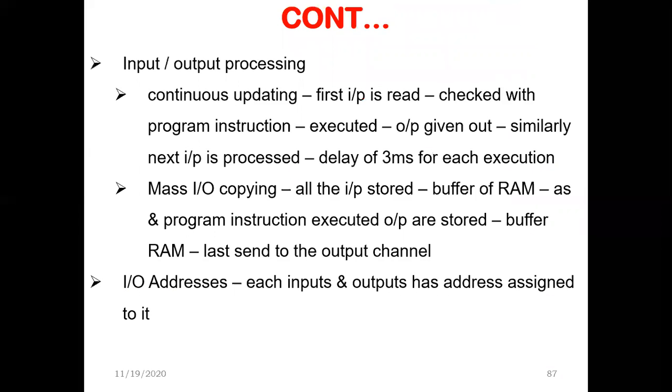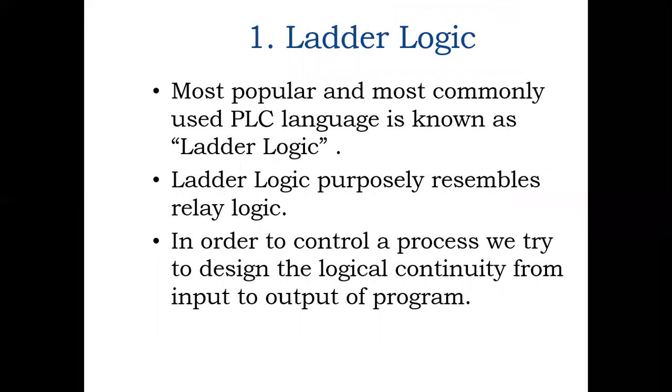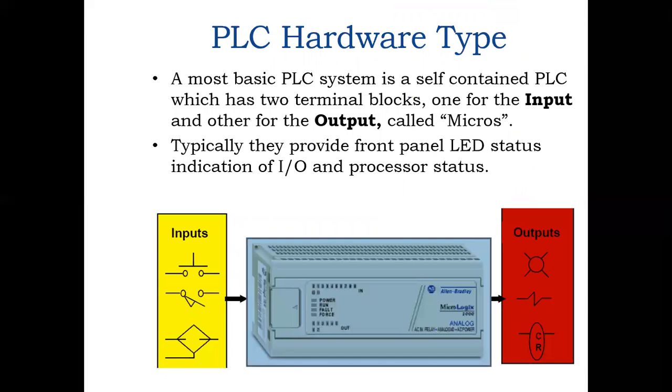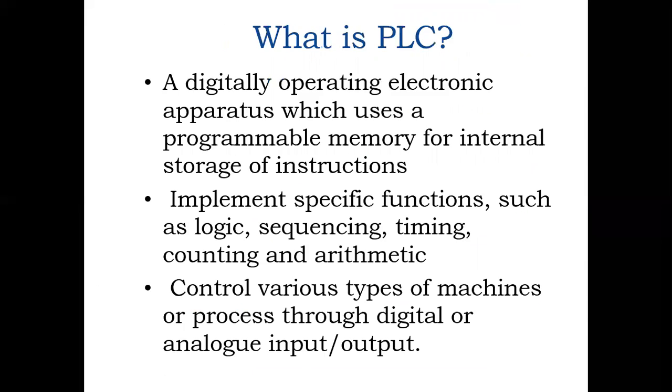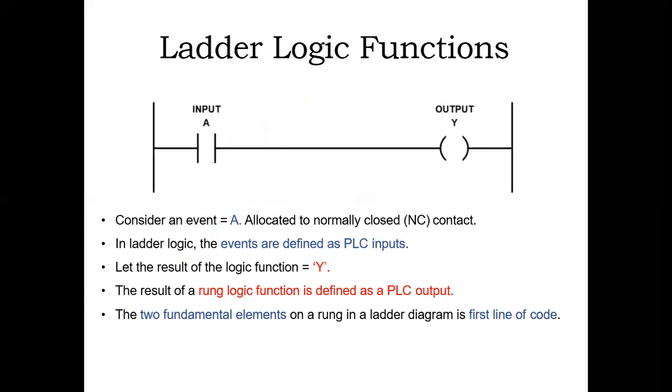Simply, we can say a PLC is a processor which controls industrial applications. That's all. It is the same as a processor; it also has a CPU and input and output operations. A PLC requires different kinds of programming: ladder programming and instruction programming.